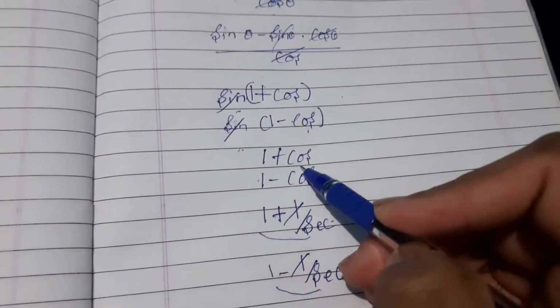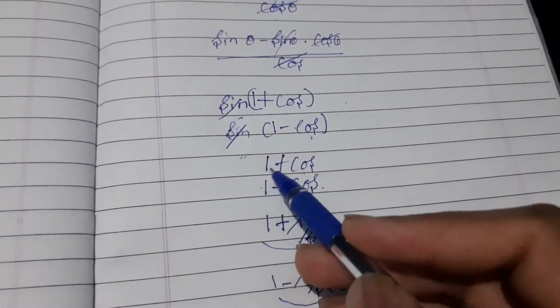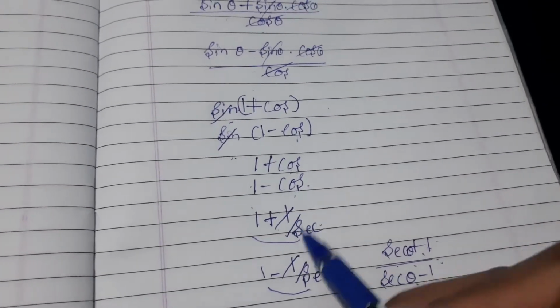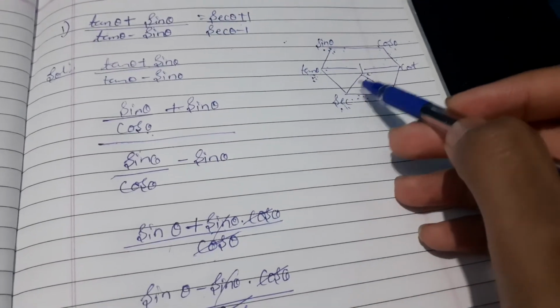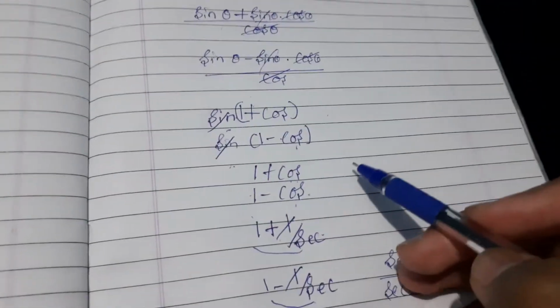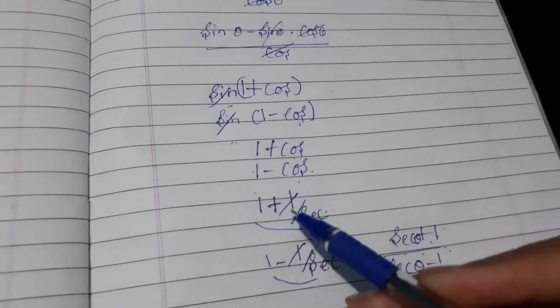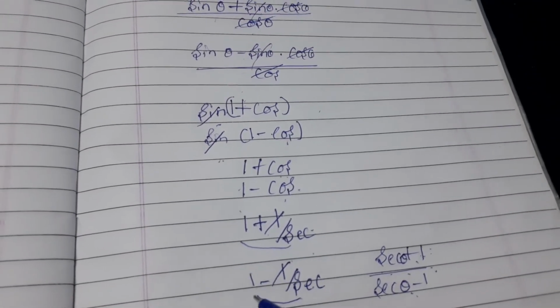Cancelling the sine and removing the brackets, 1 plus cos and 1 minus cos, and then 1 plus 1 by secant. Many of them are thinking how it came: cos is 1 by secant. So 1 by secant minus 1 by secant, cancelling gives secant plus 1 by secant minus 1.